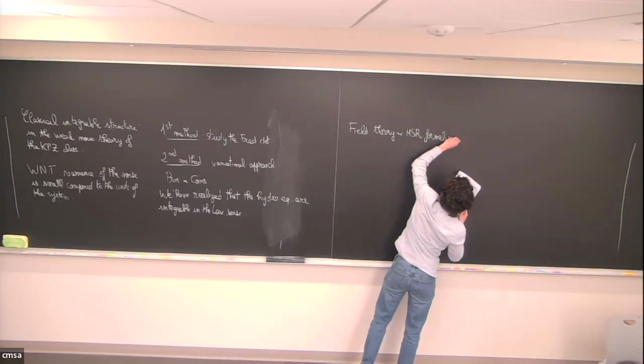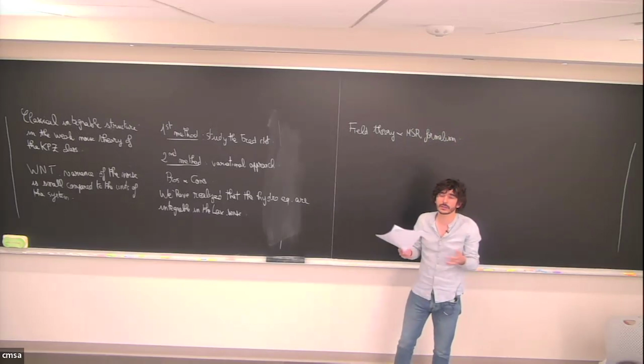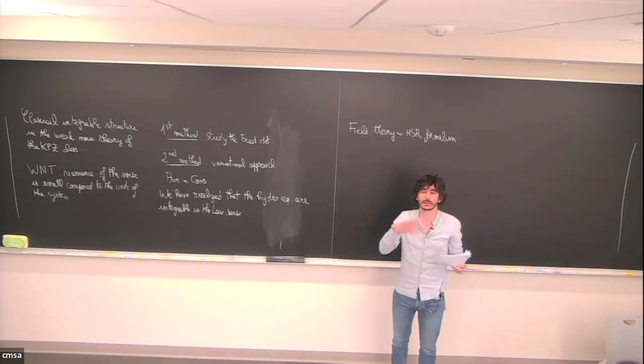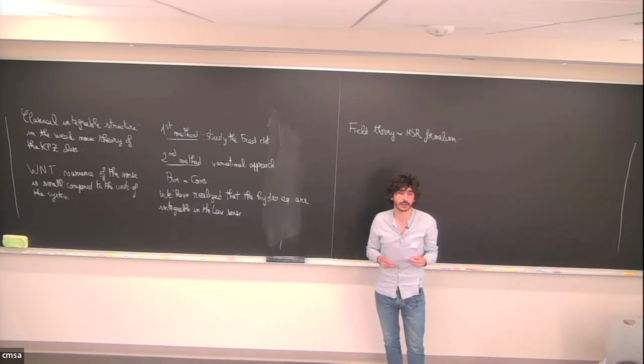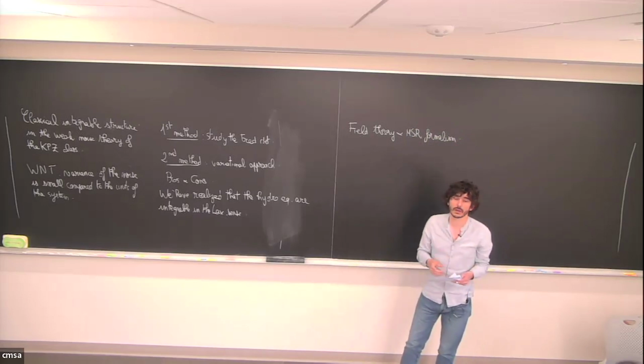So we'll describe the stochastic dynamics with an action, and the weak noise theory will consist in taking some form of saddle point of this action, and I'll describe in which regime we can actually have a saddle point formulation of the theory. And the saddle point will lead to a set of nonlinear equations.